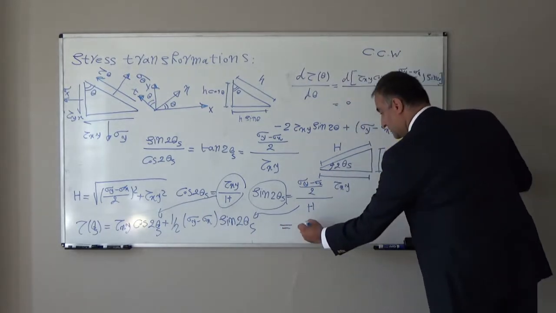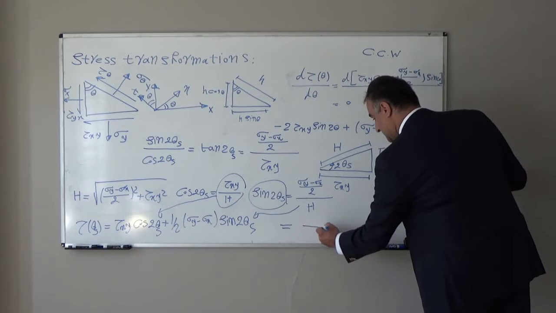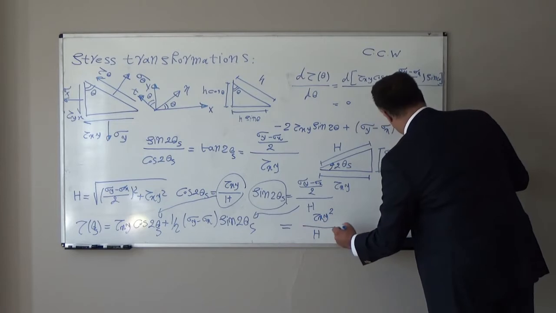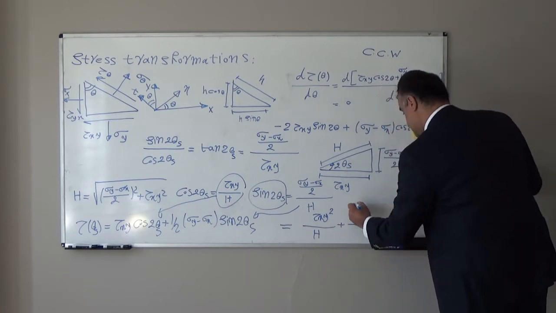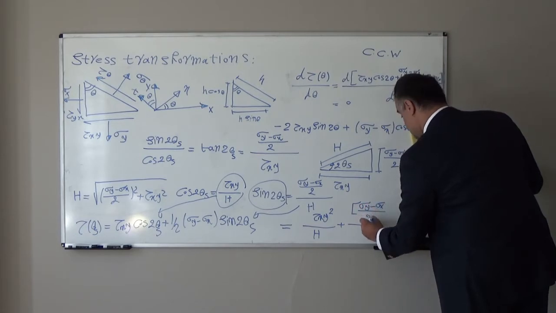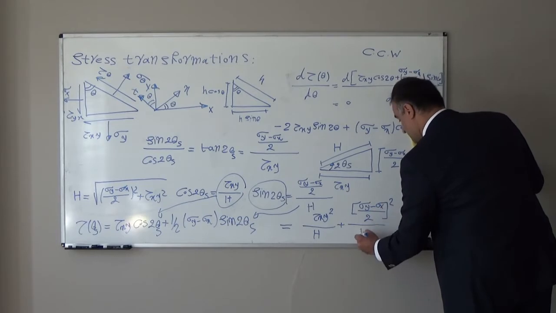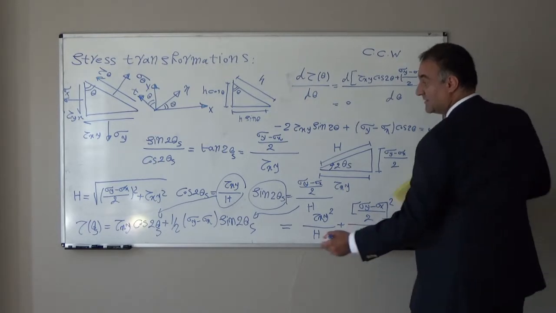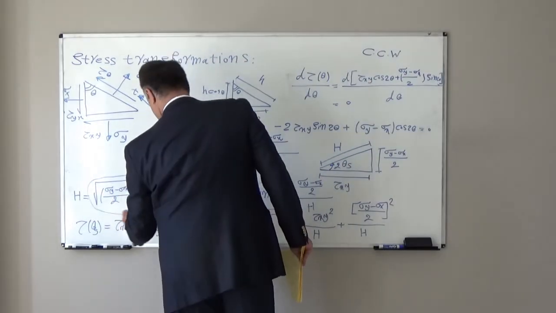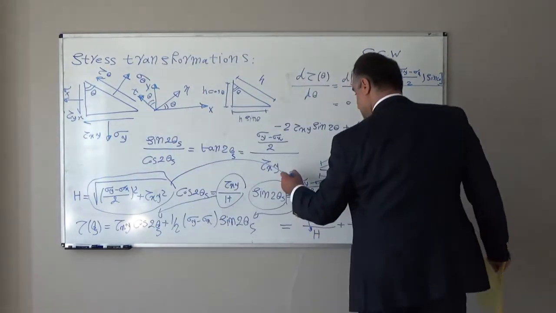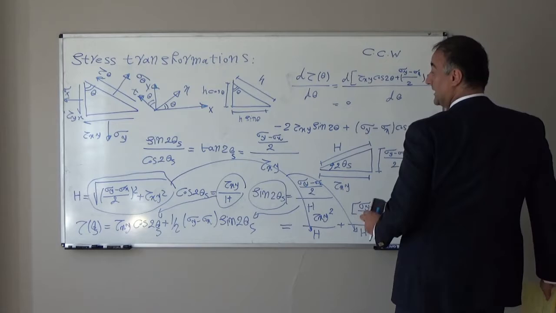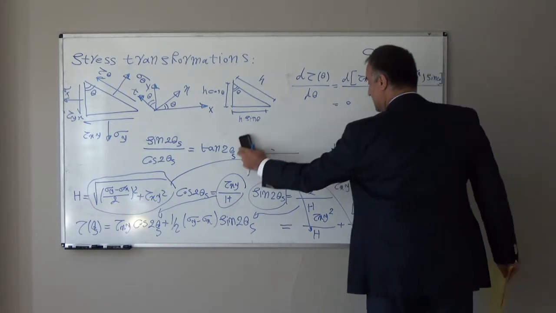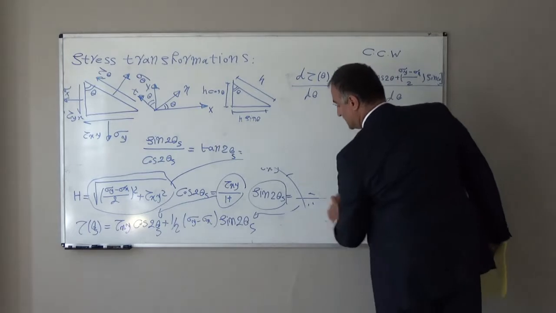This will be equal to tau xy squared over H plus sigma y minus sigma x over 2 squared over H. From here, if instead of H we plug in this term we have here, and if you simplify that, finally you will end up with this term.